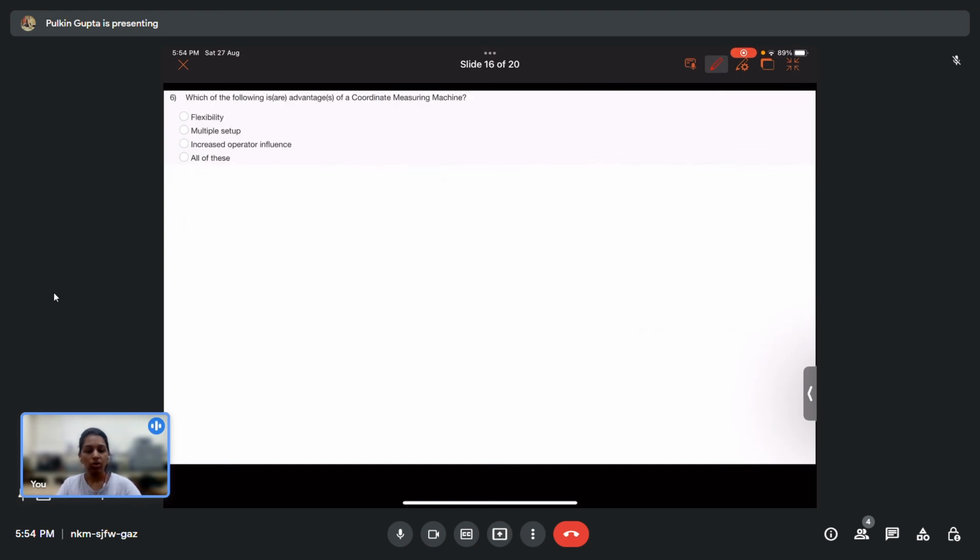So moving on to question number 6. Which of the following is an advantage of a coordinate measuring machine? Flexibility, multiple setup, increased operator influence, or all of these.